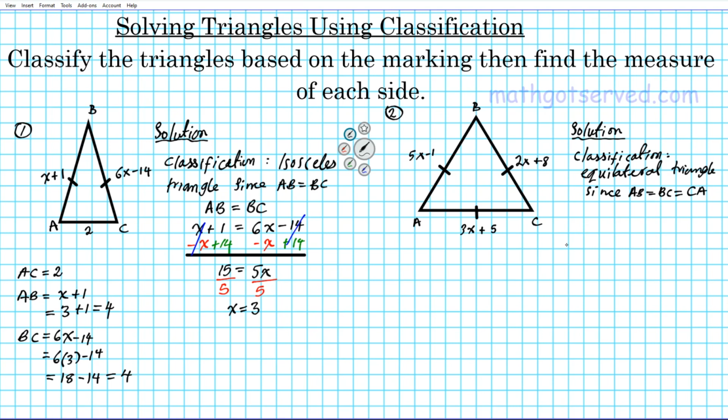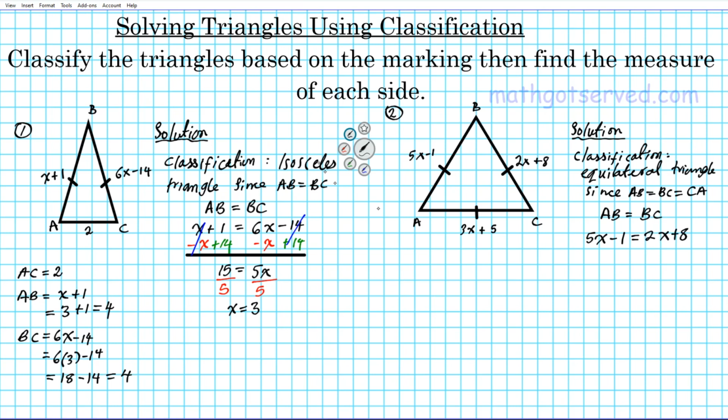All right, so let's go ahead and solve this. All we need is just one equation to solve for x. So let's just use AB is equal to BC. We could use another pair, but just one pair will suffice for isolating x. AB is the expression 5x minus 1, and BC is 2x plus 8.